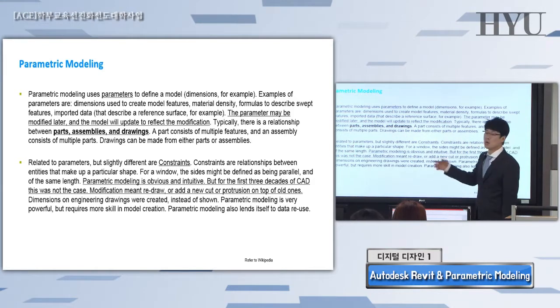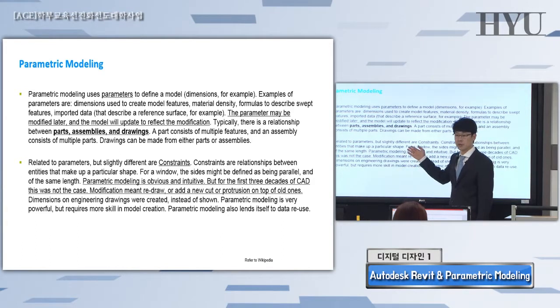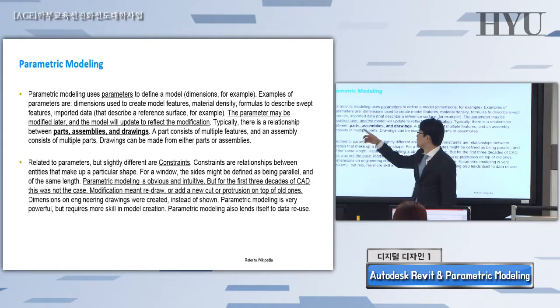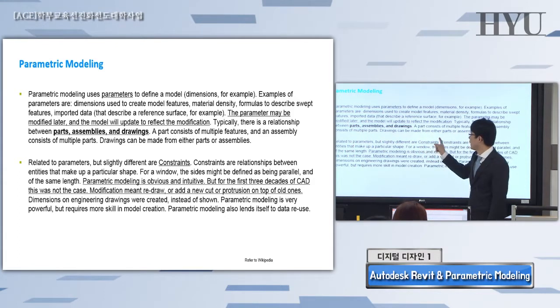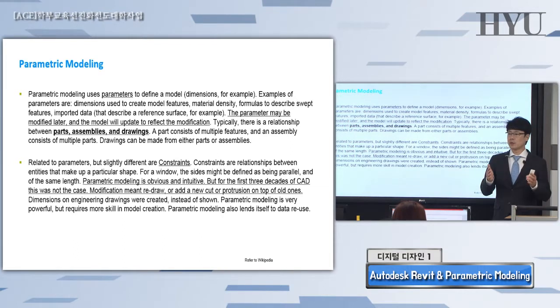And there are some more concepts in parametric modeling, some terminologies. I told you some: parameter, feature, part, assembly, drawing, and also constraint. Constraint means some specific objects constrained to specific geometry or specific situation.